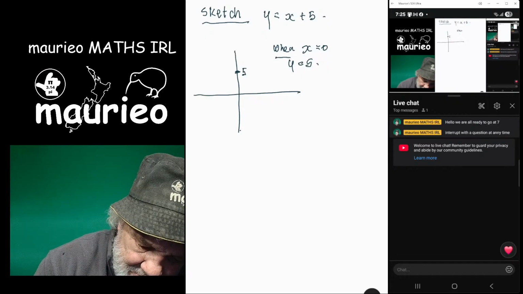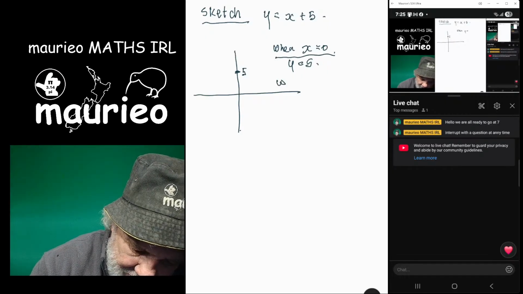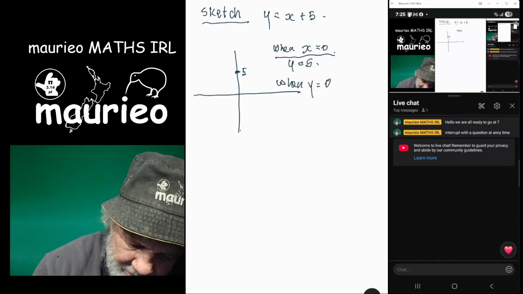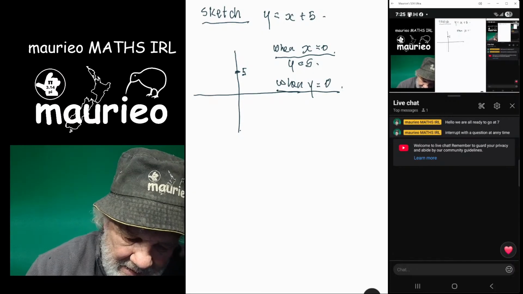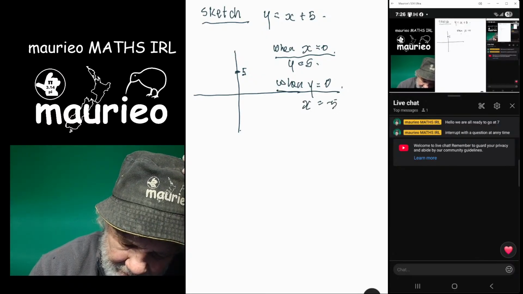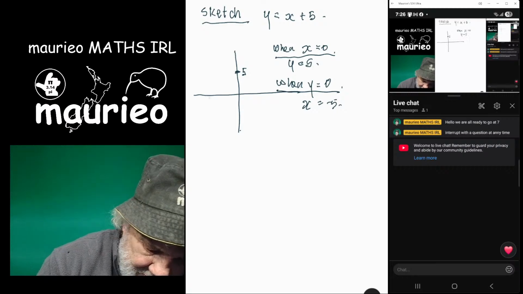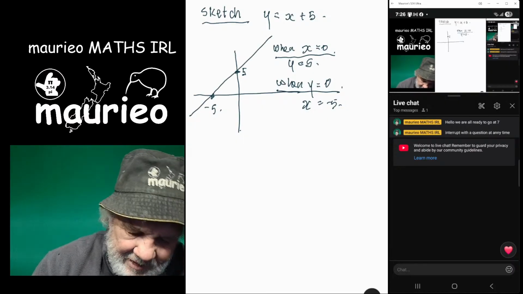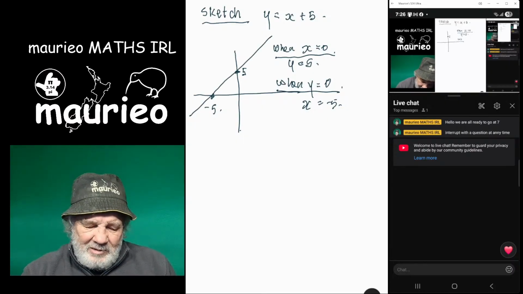And then when y equals 0, x equals negative 5. Do that very quickly there. So that's our graph, y equals x plus 5.